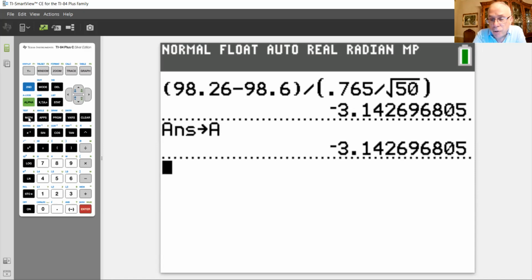Okay, it's now stored in alpha A. And now we can use this A in our calculation of the p-value. So let's go back to the problem and back to the textbook. We're now going to go to step number 4, which is to calculate the p-value.